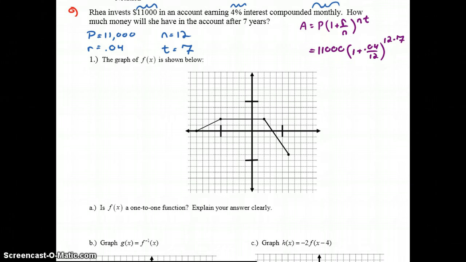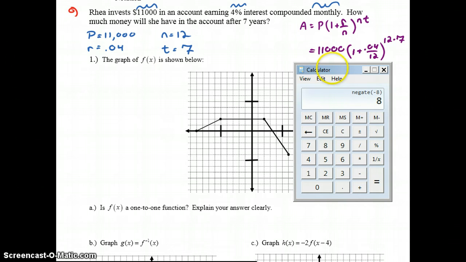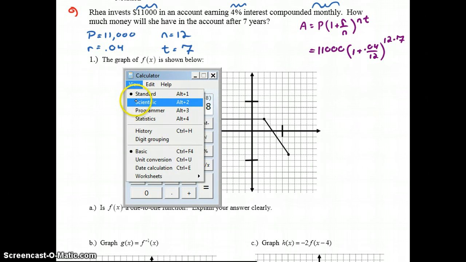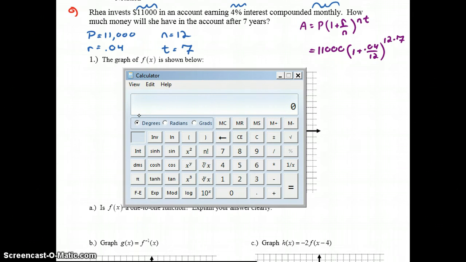If you put that into your calculator, I'm going to do this with a fairly basic calculator. Oh, I don't think I'll be able to do this with this calculator. I will. 0.04. That's not right. 0.04 divided by 12 plus that 1 gets me this number, all to the power of 12 times 7.